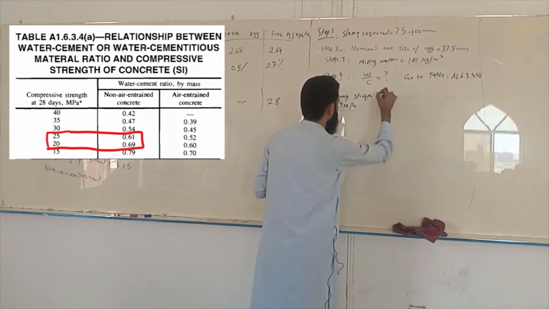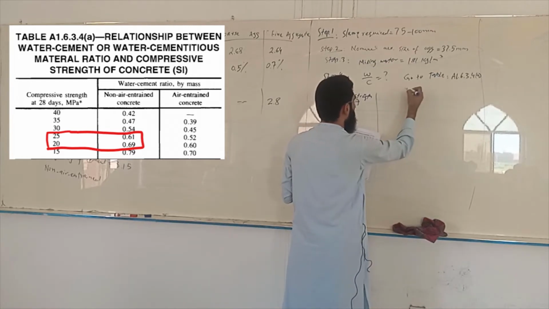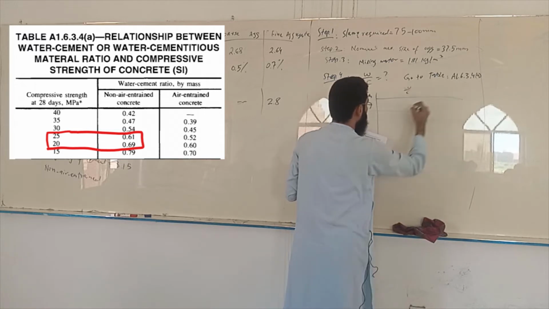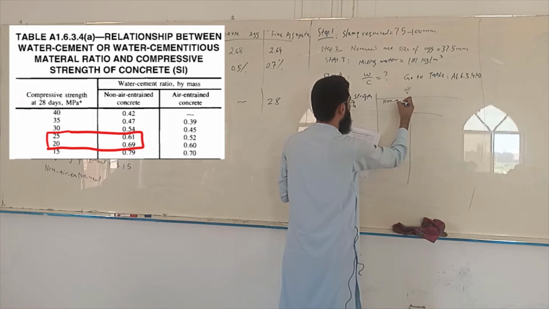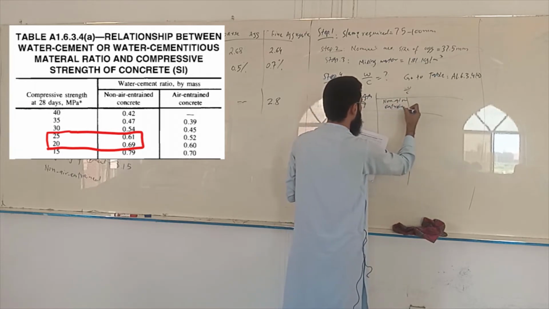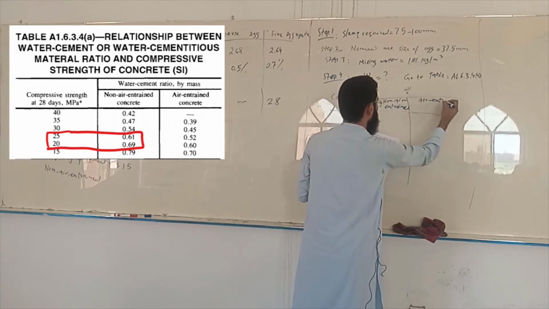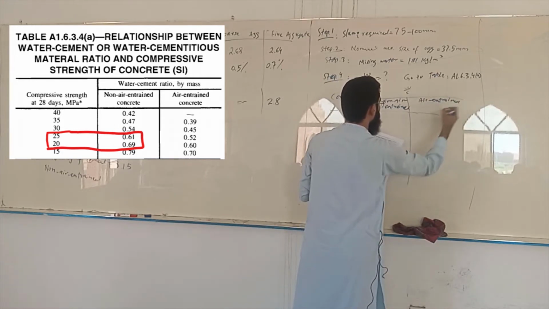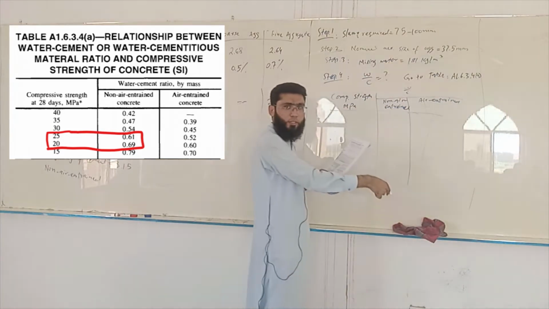I hope you understand that. And on this side you have got water cement ratio for two different cases. One is for the non-air entrained, and the other one is for the air entrained. Because this is not our case, we're going to ignore this one.